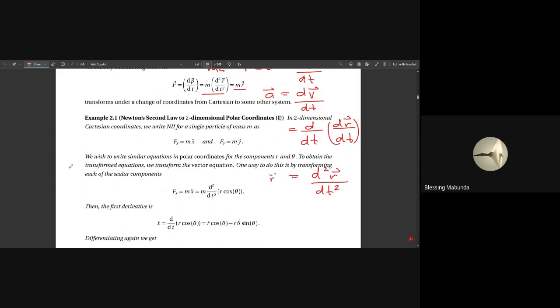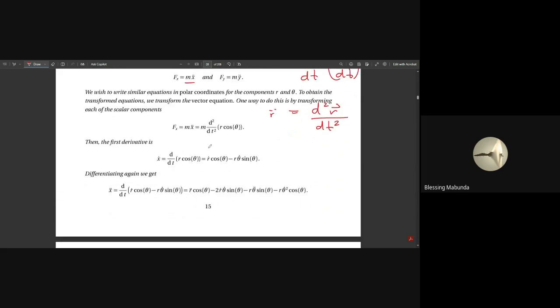In two-dimensional Cartesian coordinates, we write Newton's second law for a single particle of mass m. So Fx is equal to m multiplied by x double dot, and Fy is equal to m y double dot. This is the acceleration in the x direction and acceleration in the y direction.